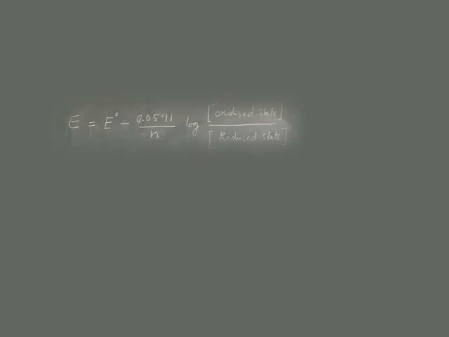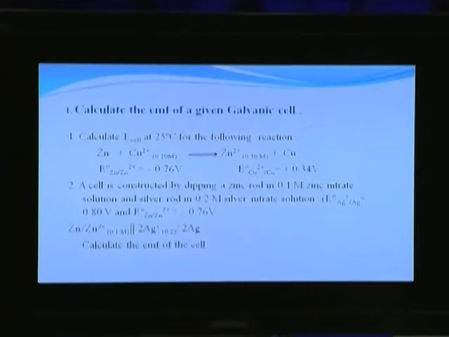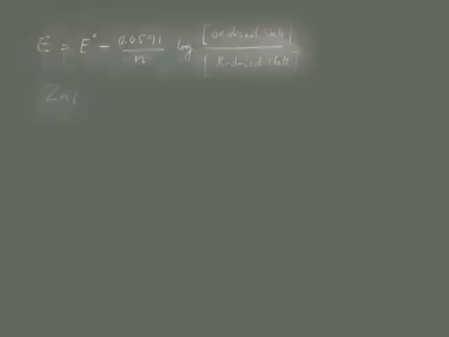Now let me copy the question from there. Zinc is oxidized to zinc ion, and the concentration of this zinc is 0.50 molar.